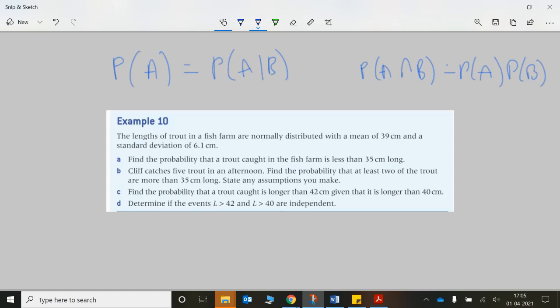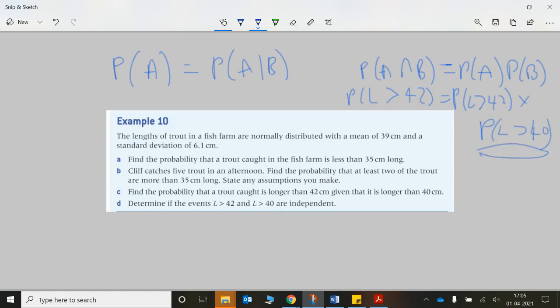In fact, perhaps you can see that they're not going to be independent straight away from this one, because the probability of A happening is just the probability of L being greater than 42, and the probability of B happening is the probability that L is greater than 40.